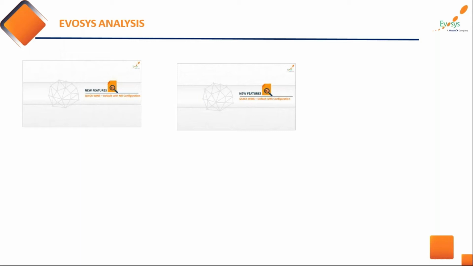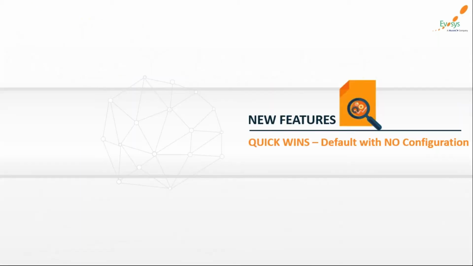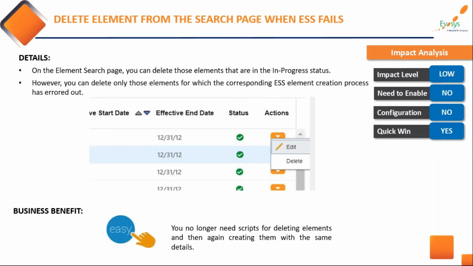The first one which I want to take here is the quick wins, which do not require any configuration. So the very first which we have here is around the elements, so the payroll elements. Previously, whenever we were creating an element, and if it failed because of certain reasons, maybe because the name which we entered is not in line with what Oracle expects, or any other reason, that element used to stick there in progress status and we were not able to delete it.